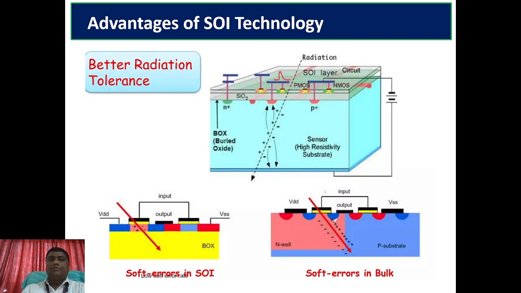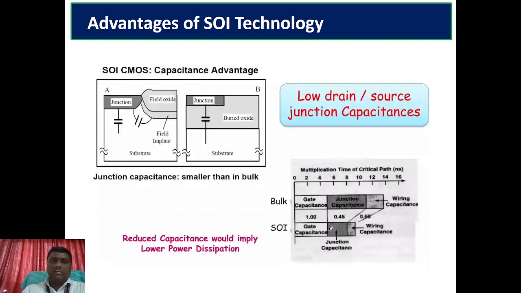And also better radiation tolerance occurs due to the internal development of the charge carriers. So the soft errors in SOI and in bulk will have greater differences in case of the high resistivity of the substrate, and also due to the buried oxide layer.